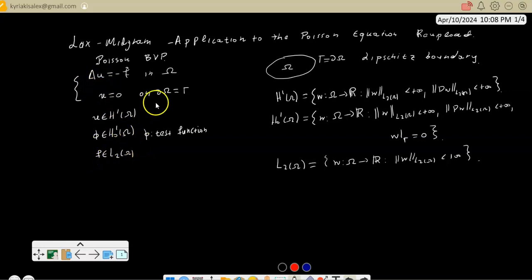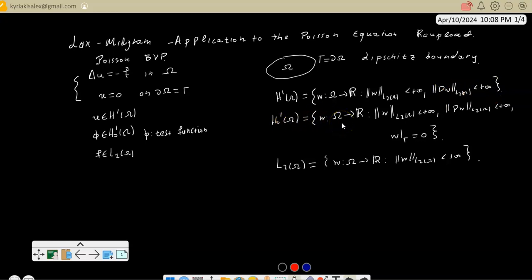And the function f at the right-hand side is a function that belongs in the L2 space. So H1 means that the norm of the function in L2 and the gradient is bounded.